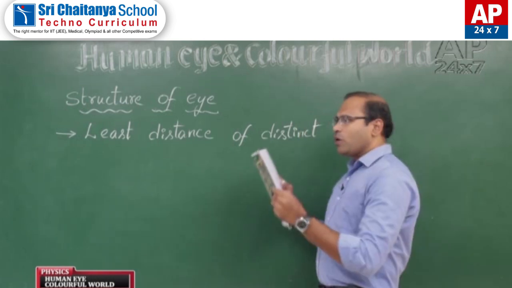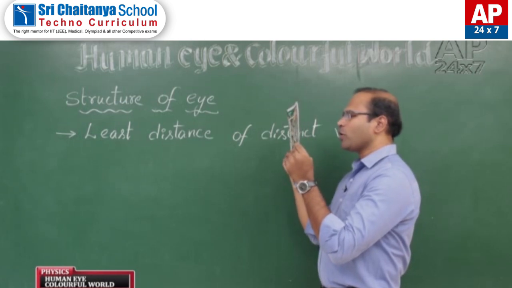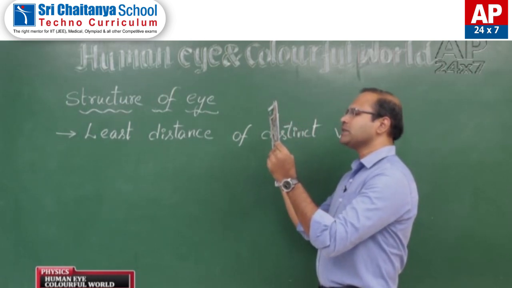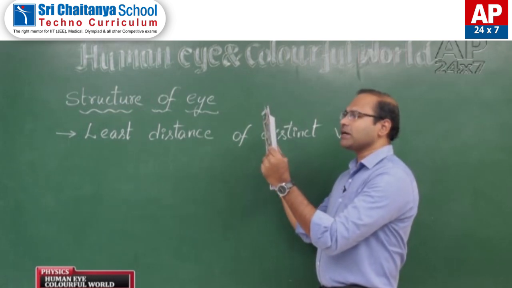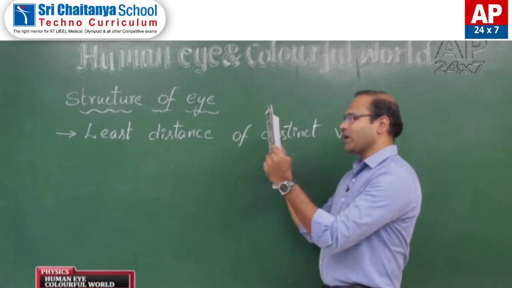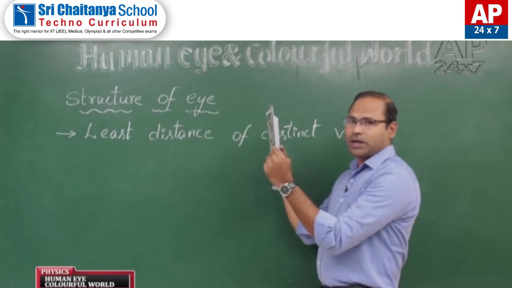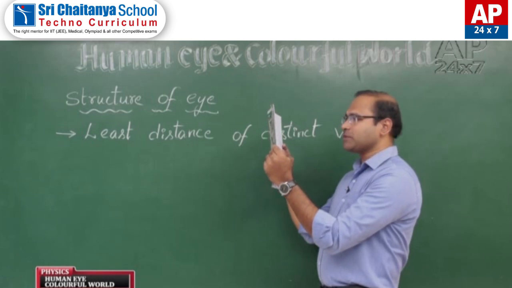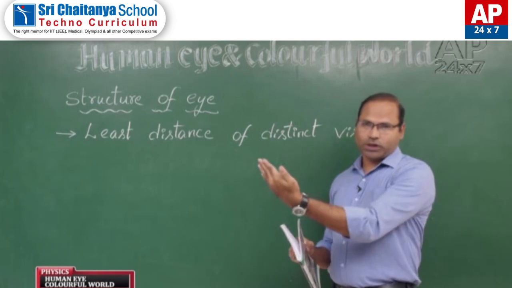Now from that position, move the book away from your eyes and hold it in such a position where the letters are clear and you can see them comfortably. Hold the book in that position and ask your friend to measure the distance between your eye and the book.